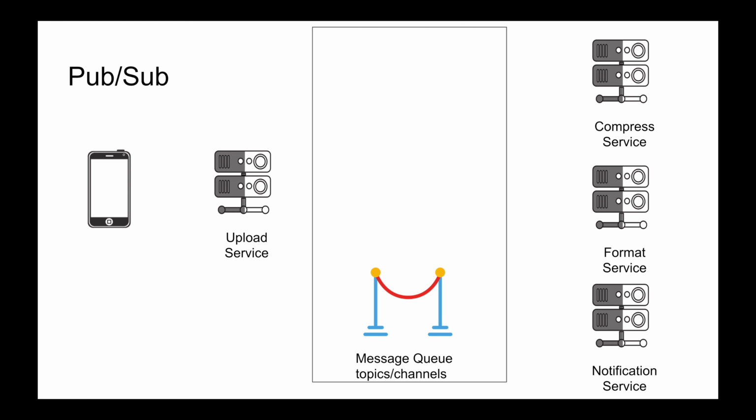People call it broker, people call it message queue, people call it stream processing, a lot of names, but it's a middleware layer where you can push and publish content to it, and it will take care of delivering that content to someone else, based on the subscription model.